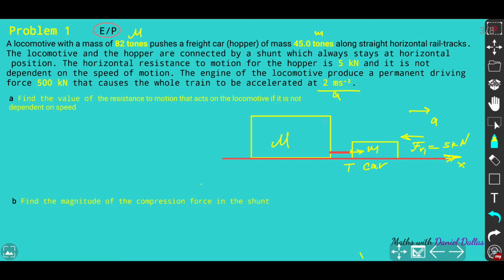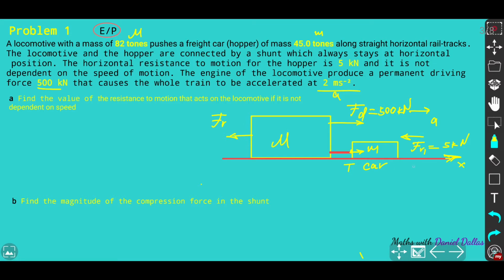We do have a driving force that's 500 kilonewtons. So let's set up this force right here. That's going to be the driving force Fd, which is 500 kilonewtons. It's right here, to the right. So we do have some resistance to motion that acts on the locomotive, not dependent on speed, and we input Fr1.